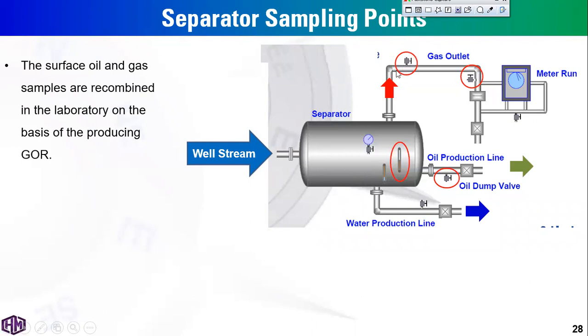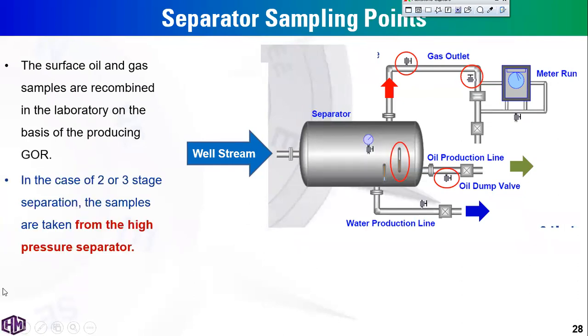What is very important in sampling is to ensure the separator conditions are stable to avoid any inconsistency in the calculated gas oil ratio before recombination of oil and gas samples.